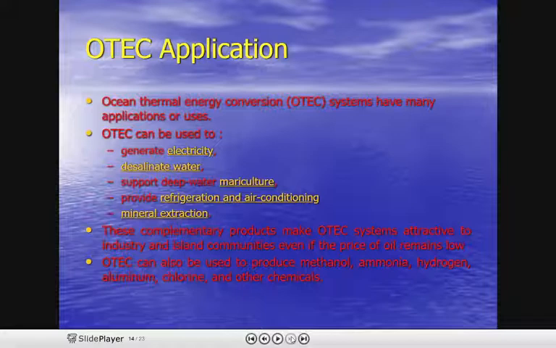the oil remains low. OTEC इंडस्ट्री के लिए या सी जहाँ पे सी शोर वहाँ पे बहुत ज़्यादा यूज़फुल है क्योंकि जो प्राइस है ऑयल की वो डे बाई डे इंक्रीज ही हो रही है सो वी यूज़ द OTEC in those particular locations.